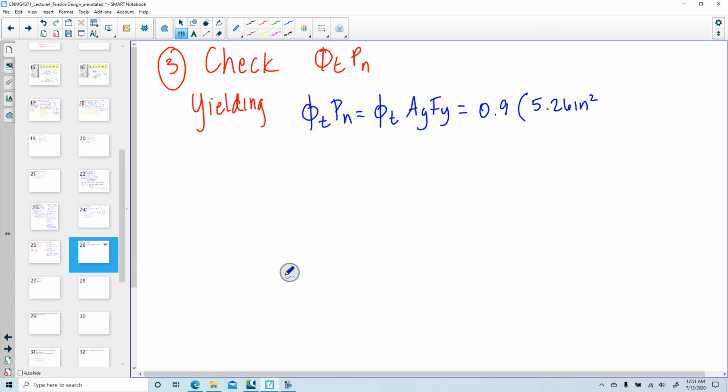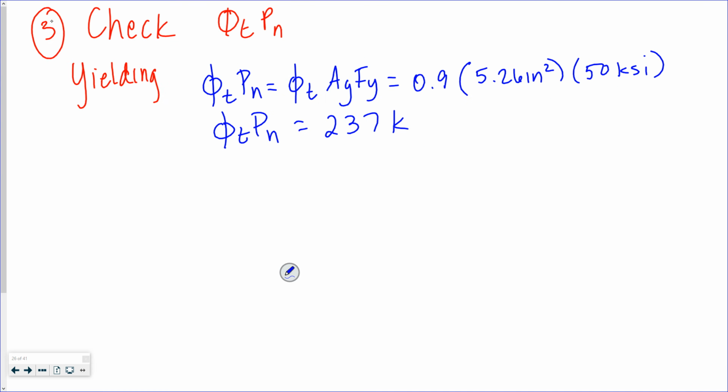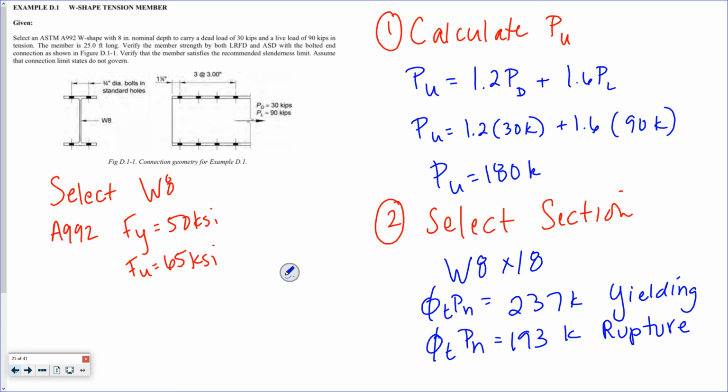5.26 inches squared. My Fy is 50 ksi. So for yielding, I get a value of 237 kips, which is what the table said.